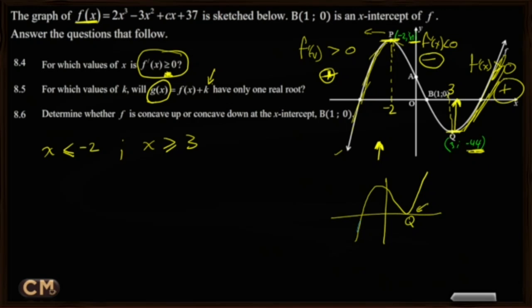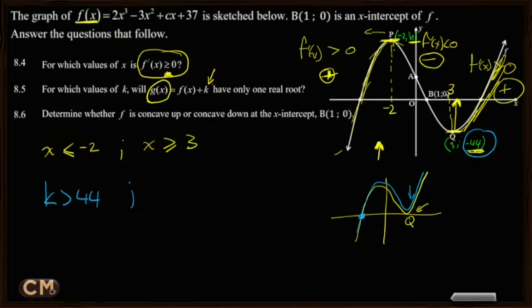Well, the moment I raise the graph just a little bit more, what we'll find is there is only one real root, because the other turning point is now no longer below the x-axis. So when does that happen? That is when k is greater than this value of 44. So k should be greater than 44, the opposite of this negative.